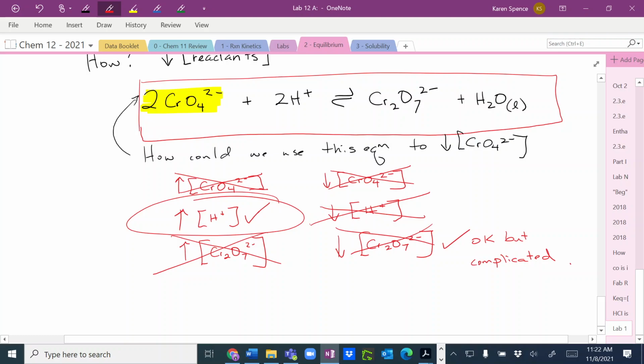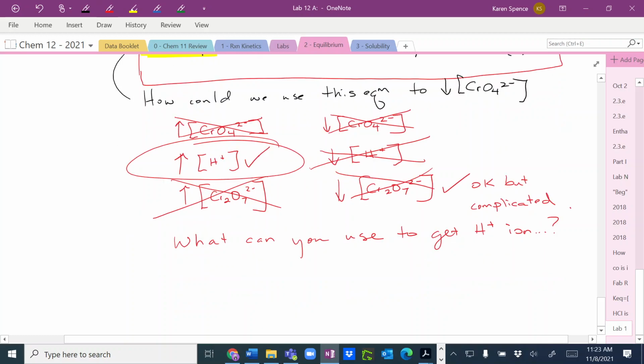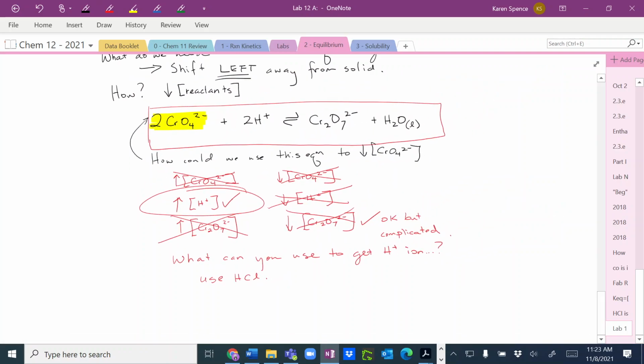How are you going to get hydrogen ions? What can you use to get H plus ions? You can use HCl. Okay? So if you add HCl, that increases the concentration here, which shifts this equilibrium to the right.